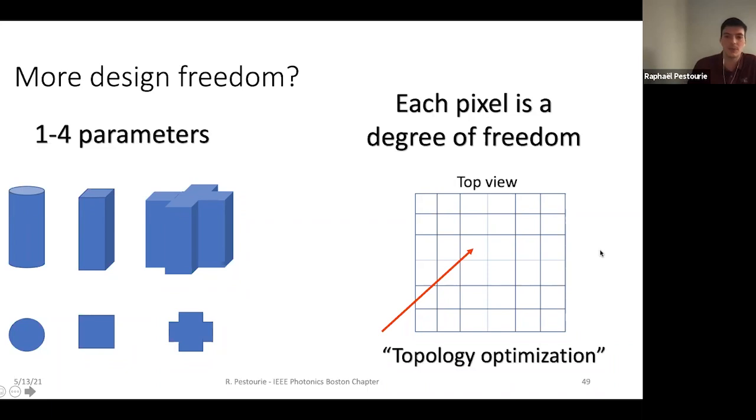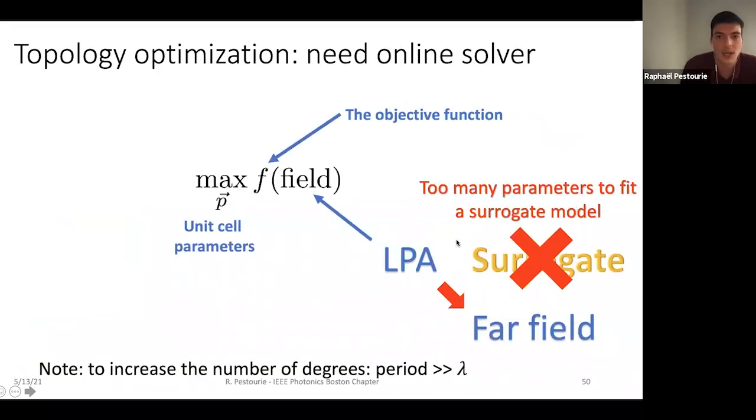It's called topology optimization. In that case, of course, it would take too long to train a surrogate model, because you will have too many parameters. So you want to actually do the simulations many times. In that case, it's beneficial, instead of having subwavelength unit cells, to have periods that are bigger than the wavelength.